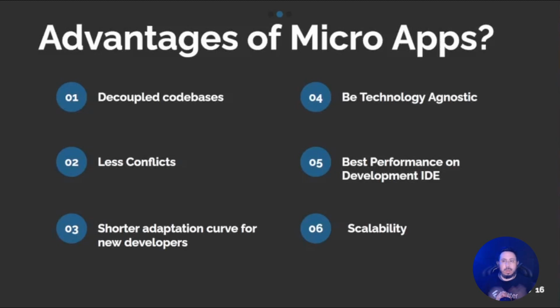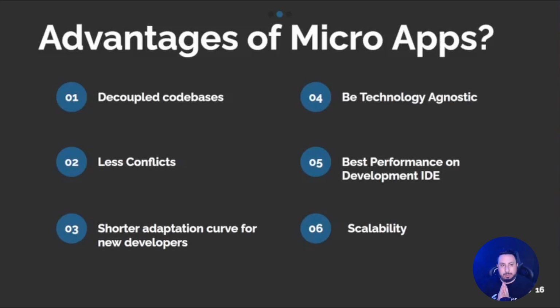For example, you can change the state management of one module, and if it was not a good idea, you can go back to that micro app and change it. You won't need to change the entire app to see it was not a good one.